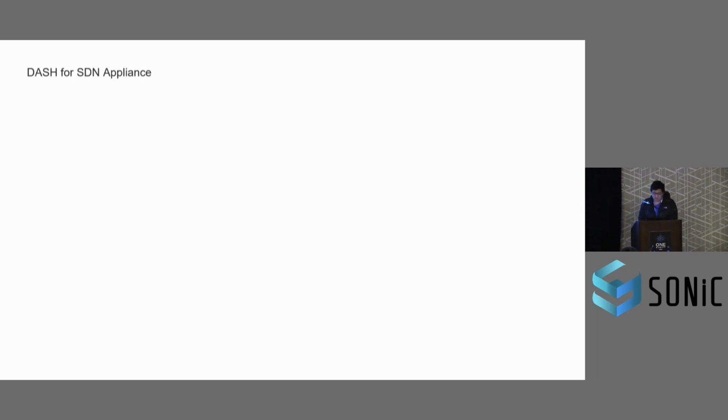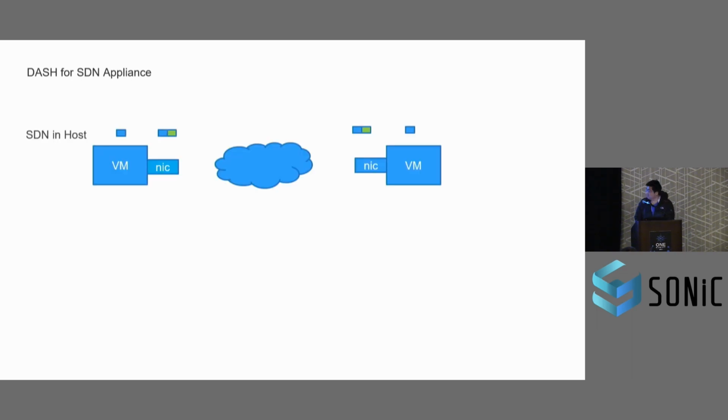So the use case for us is Dash for the SDN appliance. Let me explain. Right now, our SDN is on the host. When the VM sends a packet, the NIC does the magic to encapsulate the packet, do the packet transformations, and then send it to the physical network.